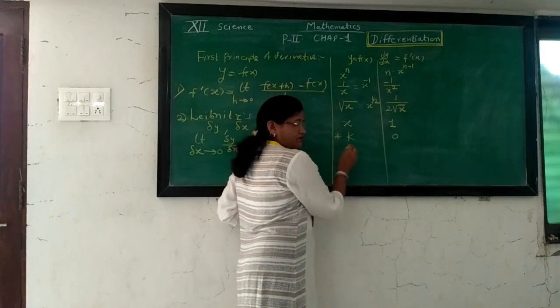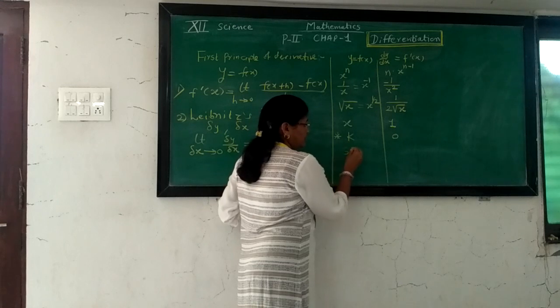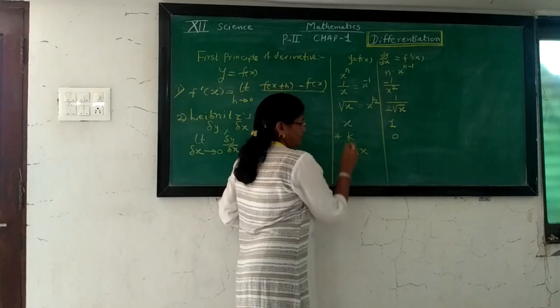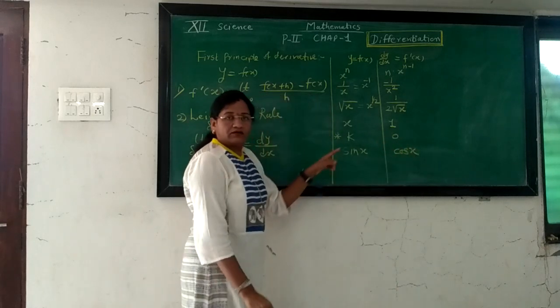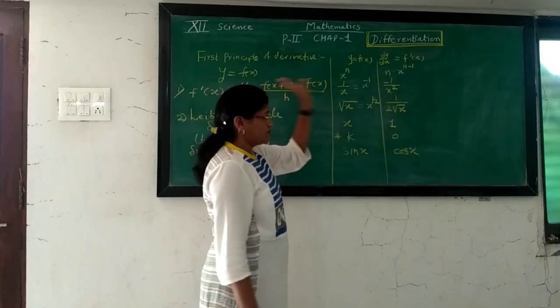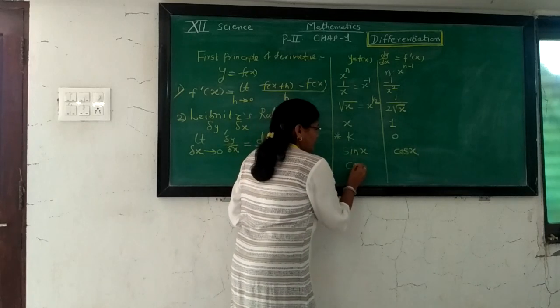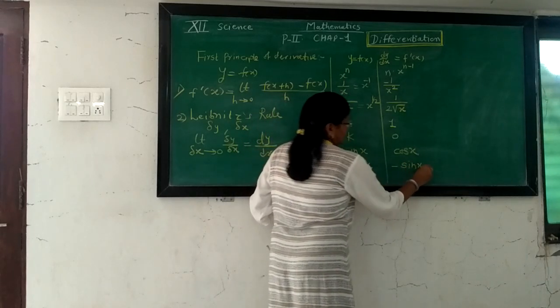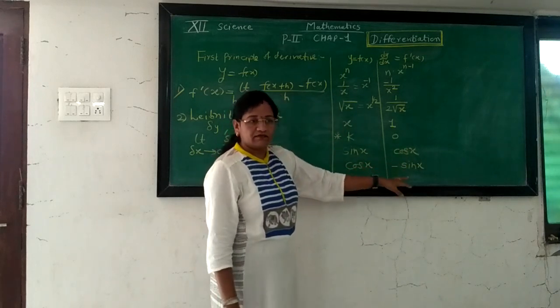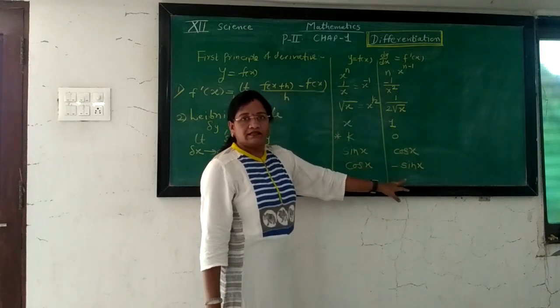After this, we can define the derivative of trigonometric functions. Derivative of sin x is cos x. You can find this one by the first principle. Next, the derivative of cos x is equal to minus sin x.